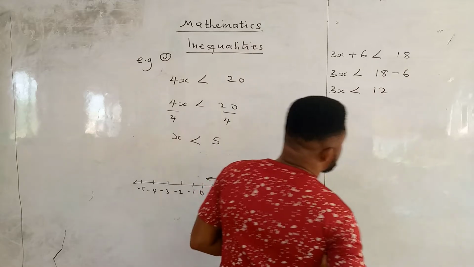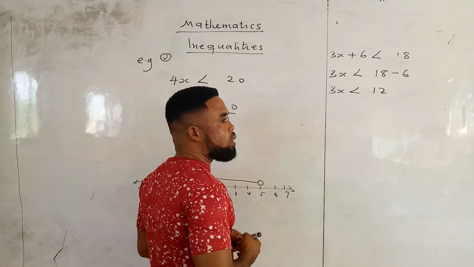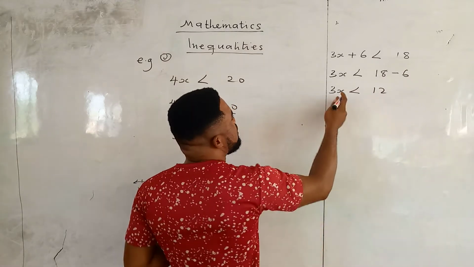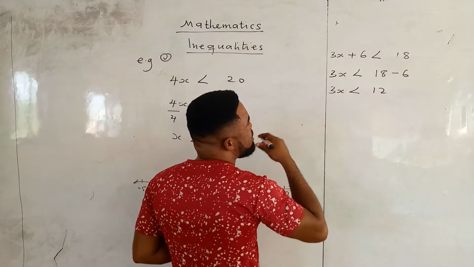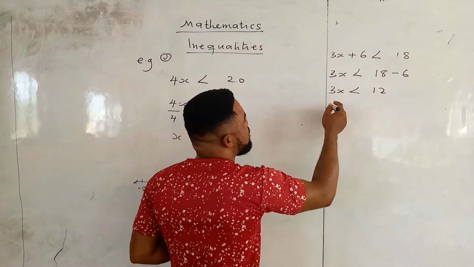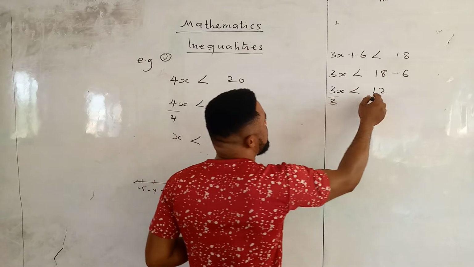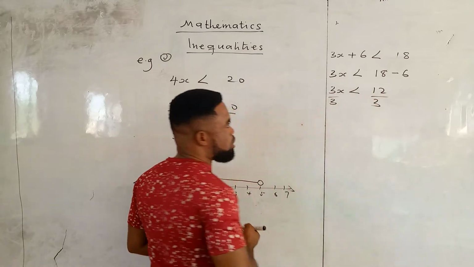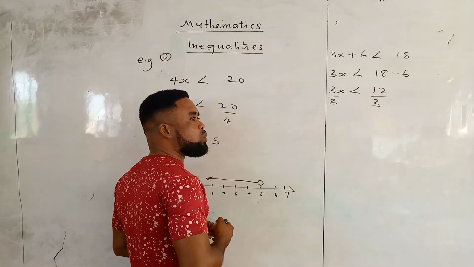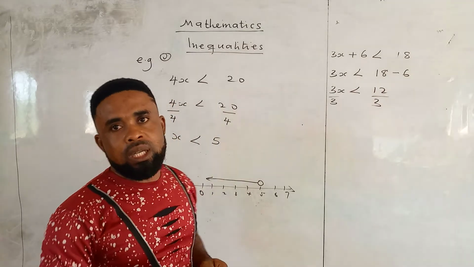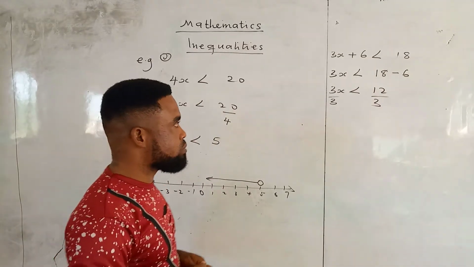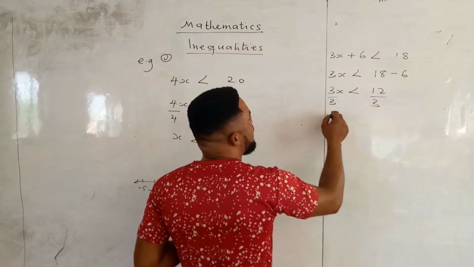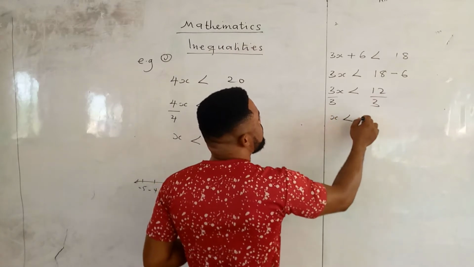Less than 12. So we subtract. Good. So now that we have come up to this level, we divide both sides because the 3 is multiplying the x. So the inverse is division. So now our x is less than what?